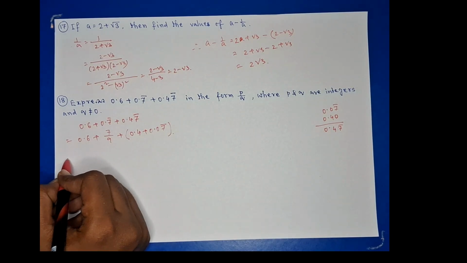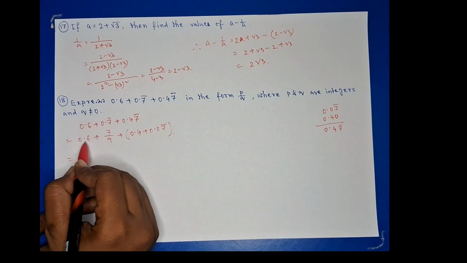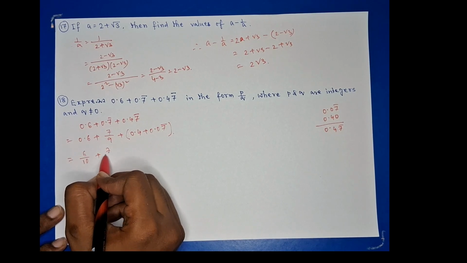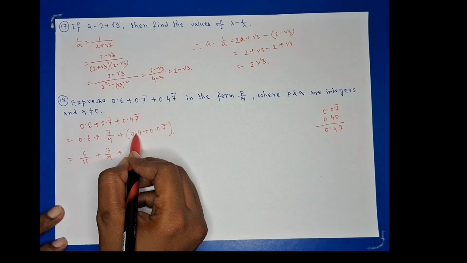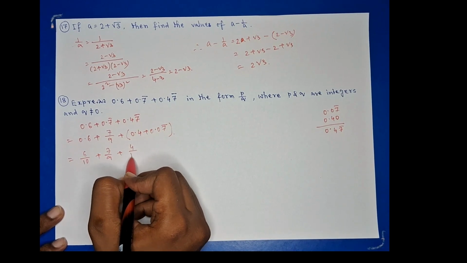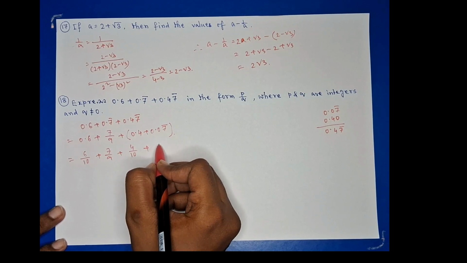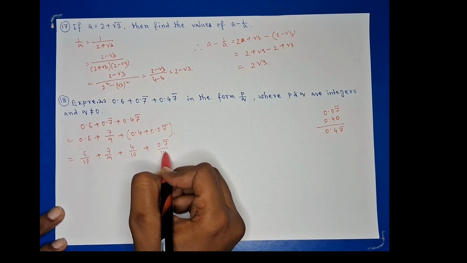Okay. So now we can write 0.6 as 6 by 10, then 7 by 9 plus, we can write 0.4 is equal to 4 by 10, and this 0.07 bar we can write as 0.7 bar by 10.